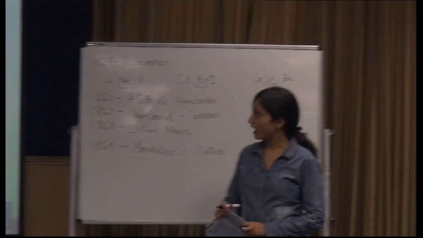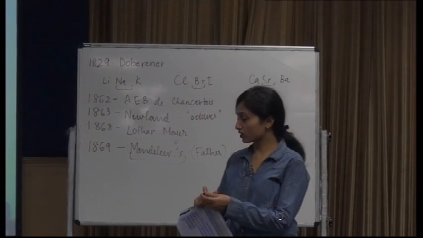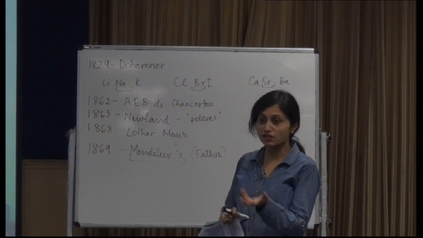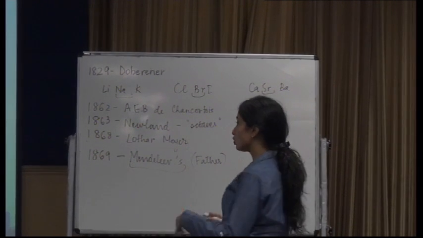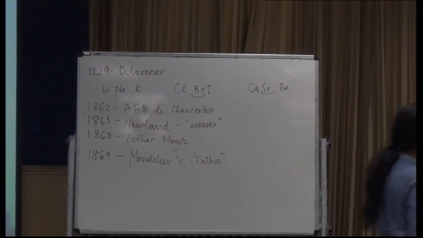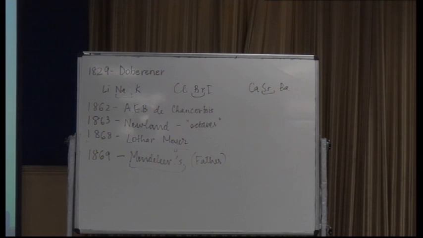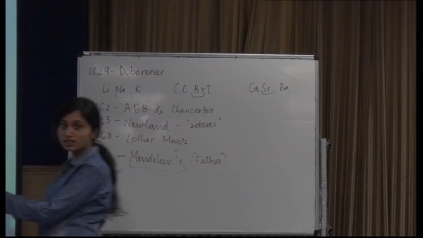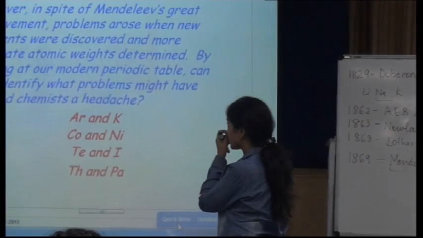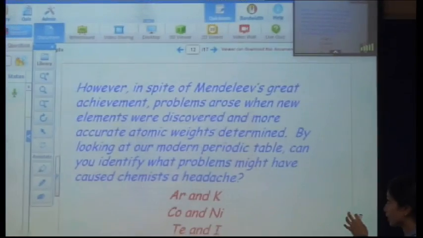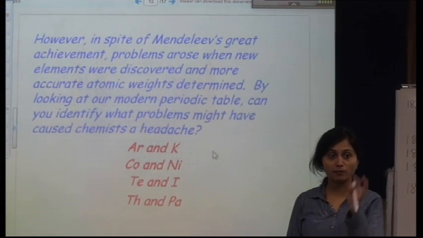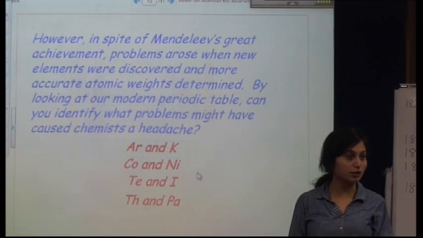Just go through what is written on the slide. However, in spite of Mendeleev's great achievement, the problems were still there, because newer elements were continuing to get discovered and more atomic weights were being determined. Newer elements also needed a position in the periodic table.